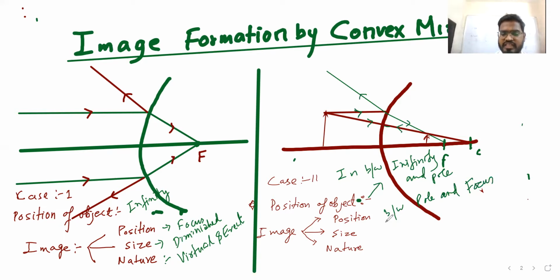Size is smaller than the object. Nature is obviously virtual and erect. So this is all about the convex mirror. We did the image formation and the ray diagrams.